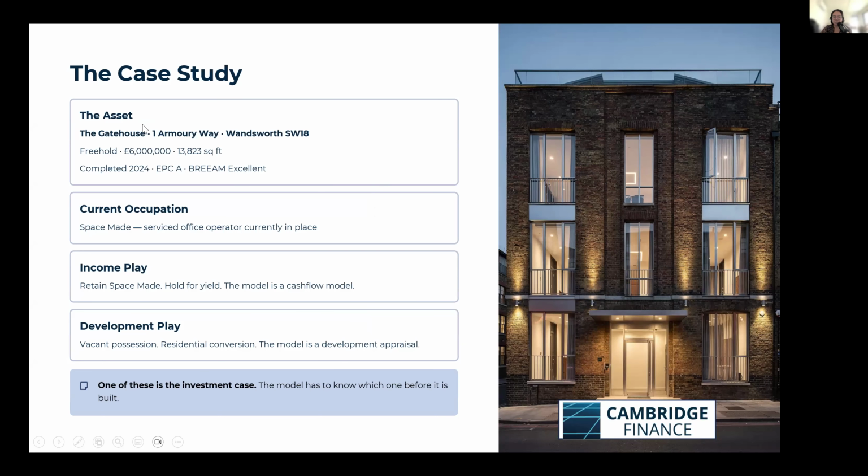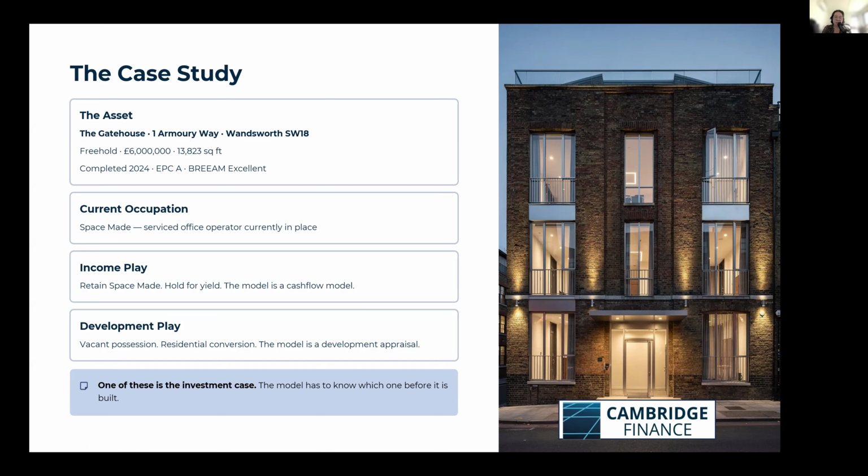So you need to understand the case study. The asset is the Gatehouse, 6 million, and it was completed in 24. EPC is A, BREEAM Excellent, the current occupation is retail space, and they're paying just £52,000 per year. So you see the yield's not great.